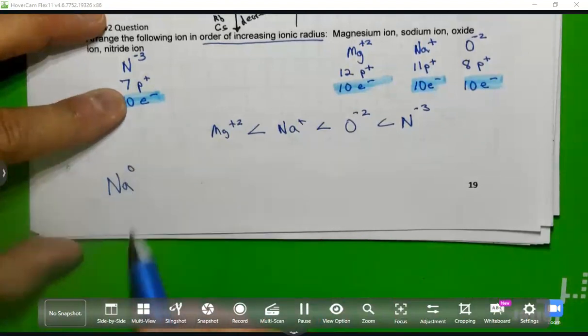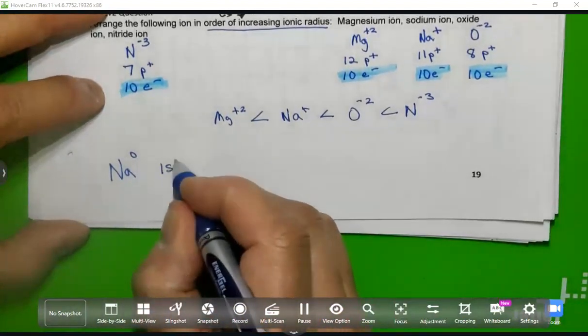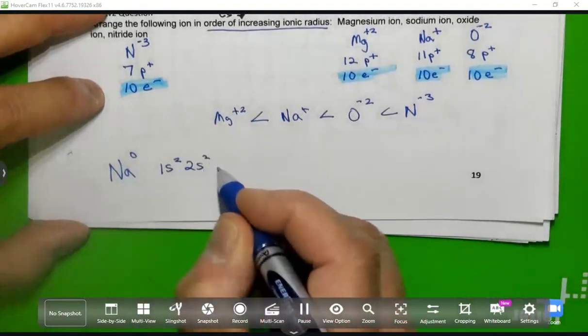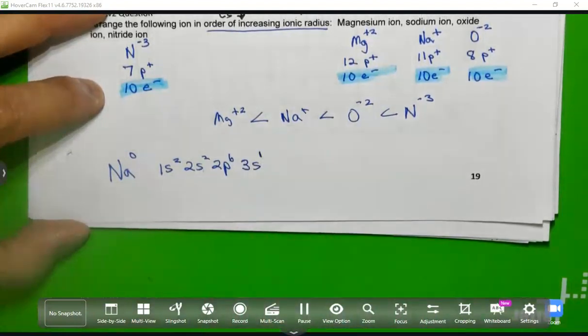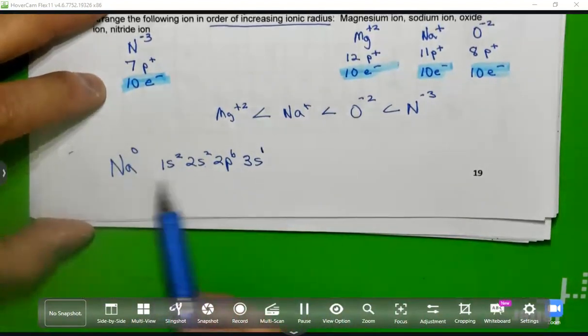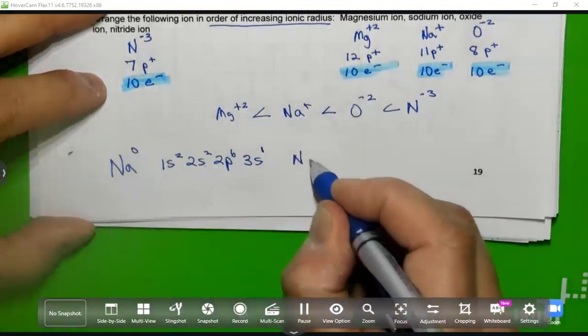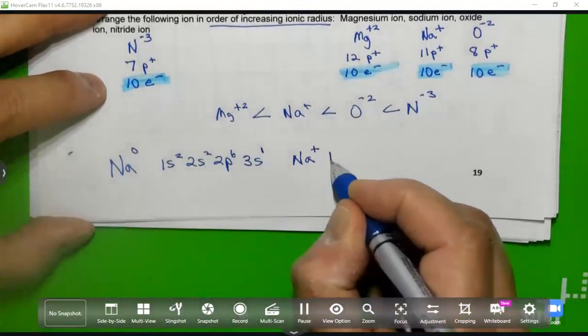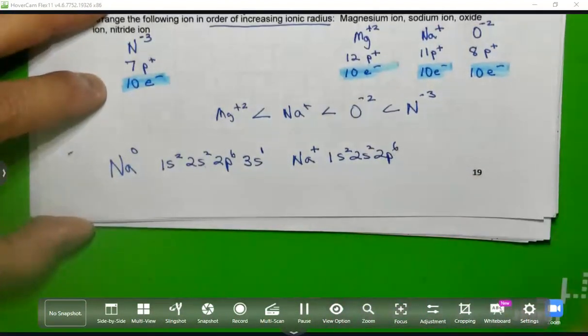If I have sodium, I have 1s2, 2s2, 2p6, 3s1, right? For an electron configuration notation. For the sodium ion, I have 1s2, 2s2, 2p6.